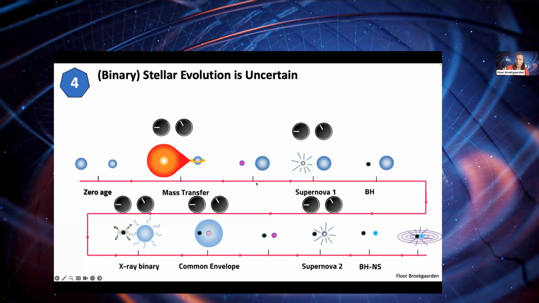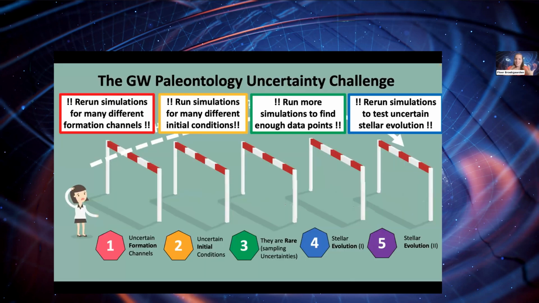So we use parameterized prescriptions for mass transfer evolution and for supernova, where we model the uncertainty using knobs that we can vary, or we can vary some of the physics values. And then we rerun our entire simulations to test how this impacts our results. So again, there's this fourth barrier where we have to rerun our entire set of simulations with already all these other extra costs just to test how different physics assumptions impact our results.